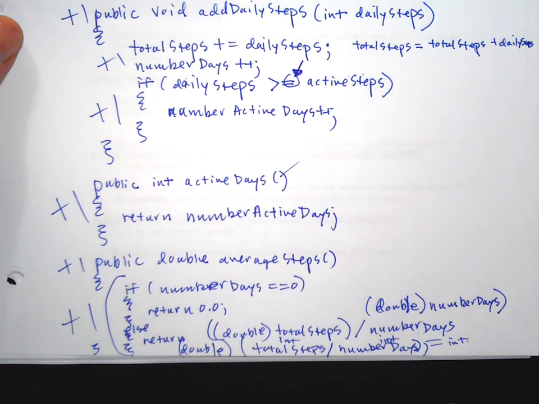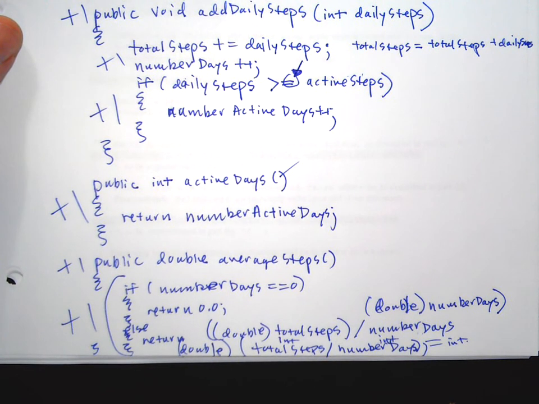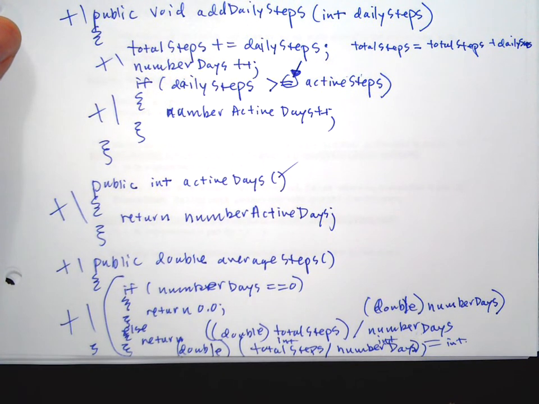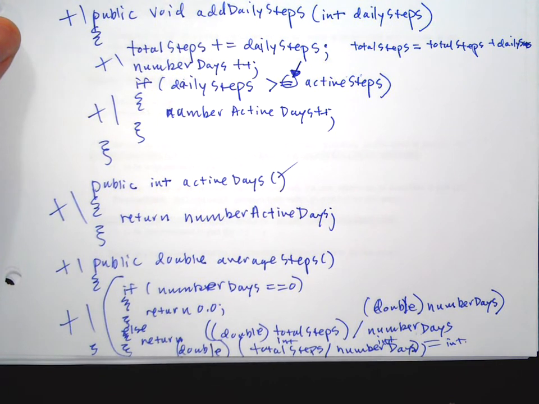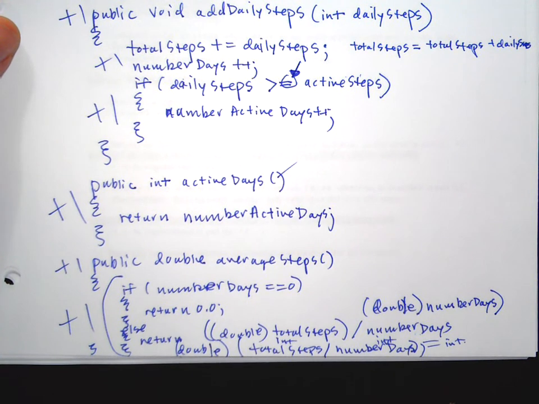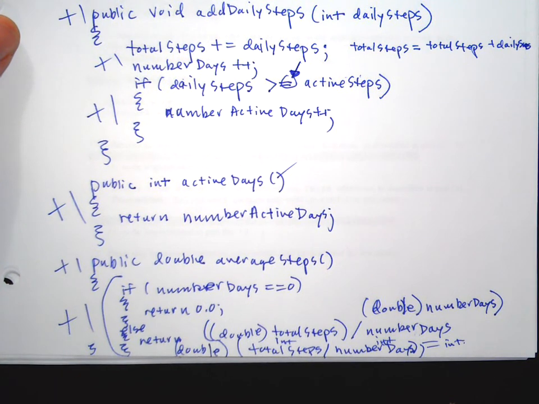There were a couple things, but most of the points are for getting headers right, doing basic things, constructor, private instance variables, getters, updating private instance variables, and the add daily steps is essentially a setter. Of the problems on this test, I felt like this one was kind of a more straightforward one. So let's make sure we can get these right on your AP test next week.